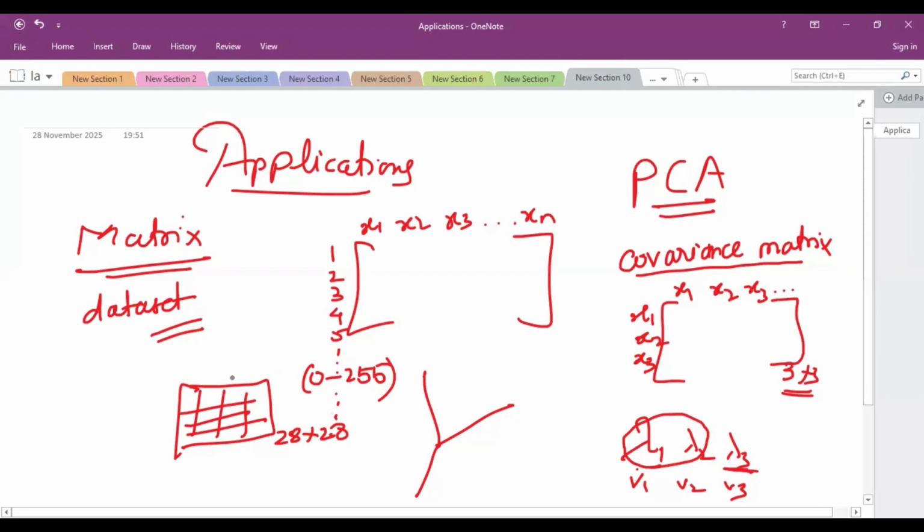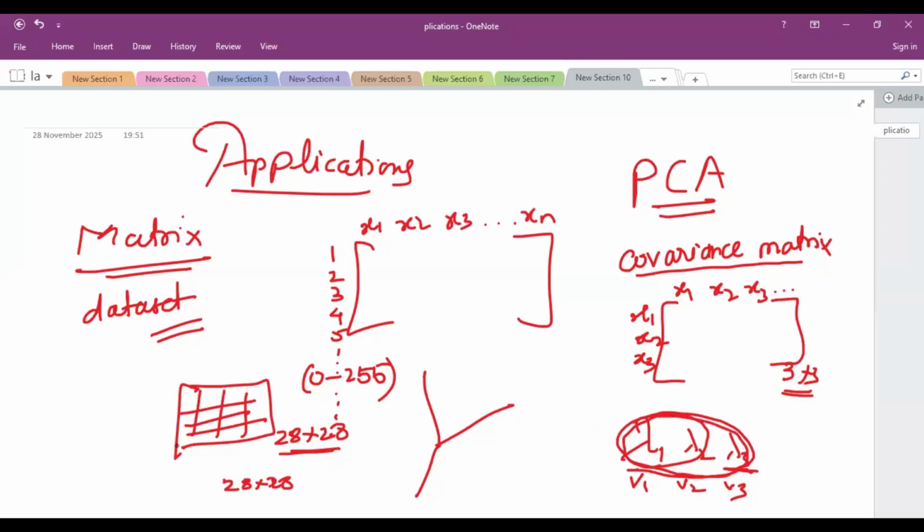So for this matrix of order 28 cross 28, if I calculate the covariance matrix, again, that will be of order 28 cross 28. And if I run PCA on this, out of those 28 dimensions, we can find out which eigenvalues have the maximum magnitude, and how many eigenvalues explain most of the data that is there.